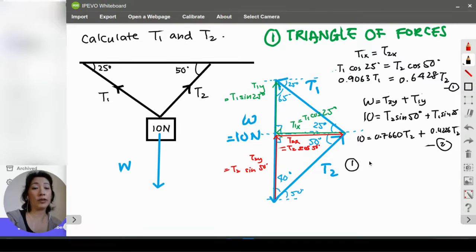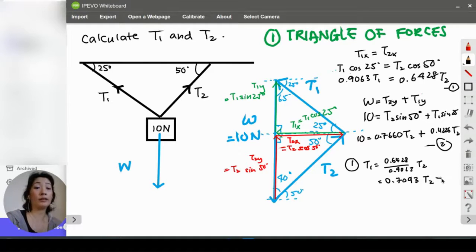That means from the first formula, you'd have T1 equals 0.6428 over 0.9063 T2, which gives you 0.7093 T2.